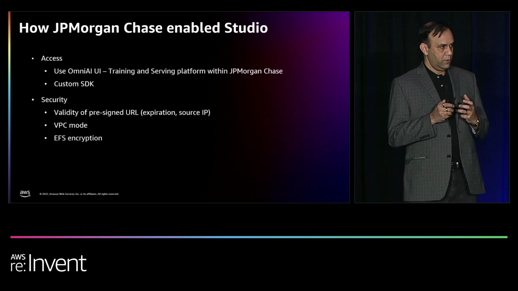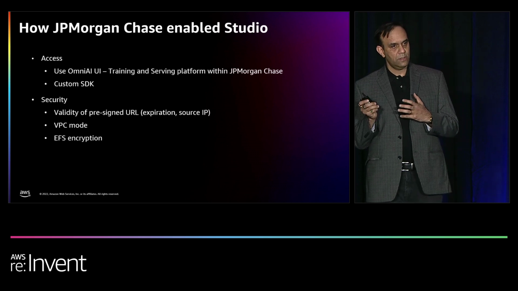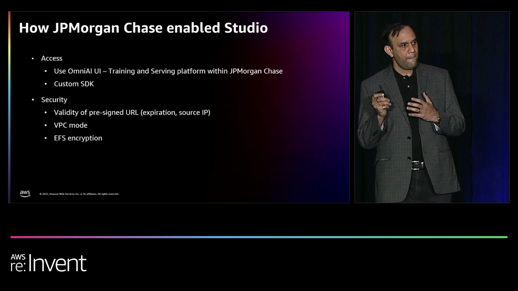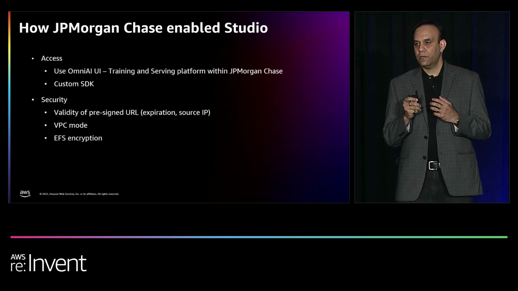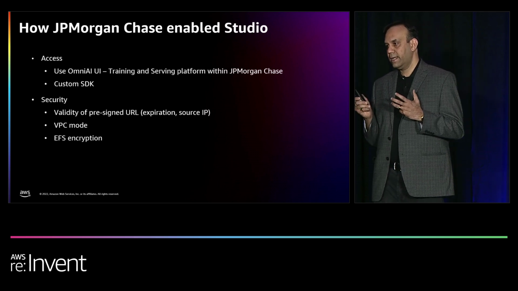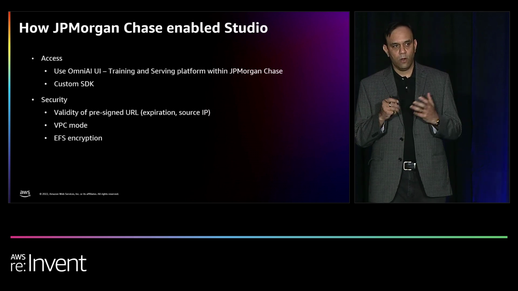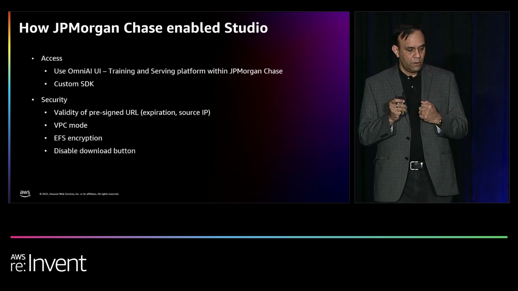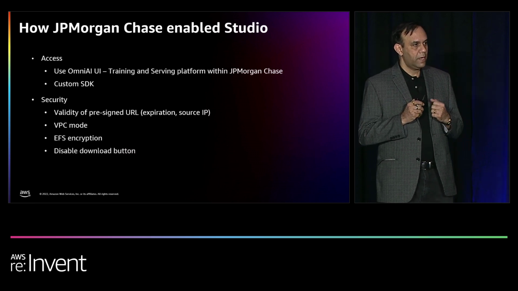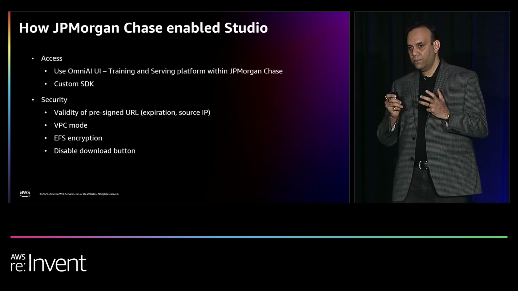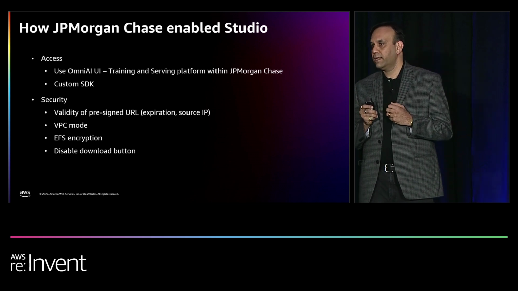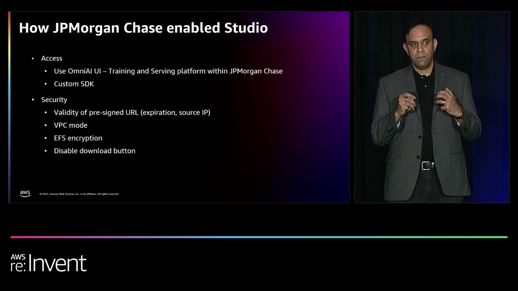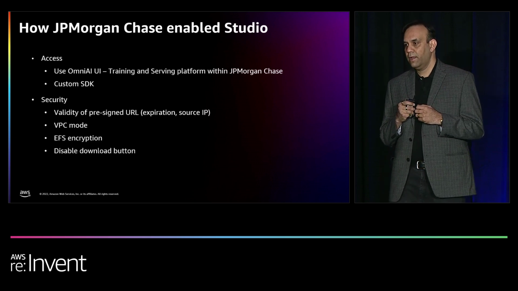We also had to encrypt the EFS volume attached to the Studio domain, where the user directories for the data scientists are, so that it's all encrypted with a JPMC managed KMS key. We disabled the download button on Studio Notebook so that the risk of data exfiltration is minimized, especially in case of highly confidential data.